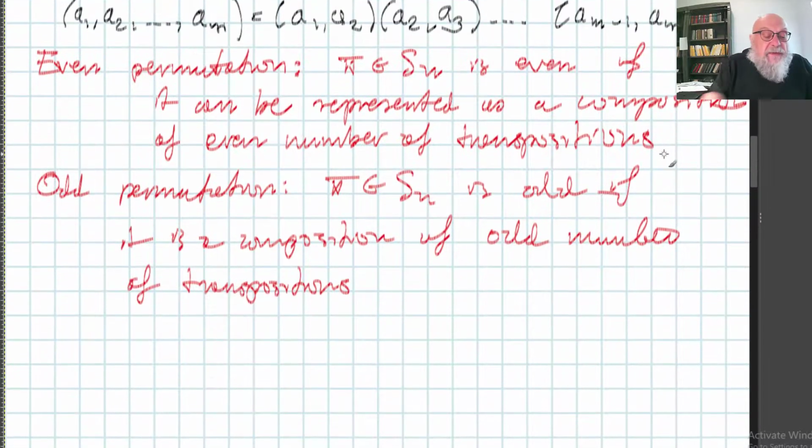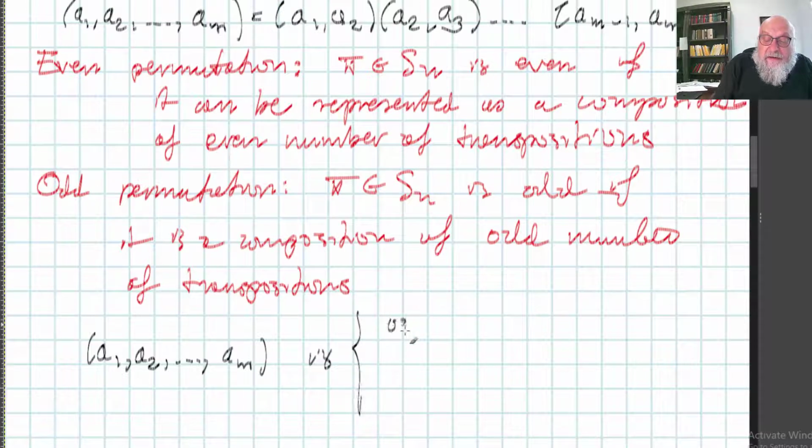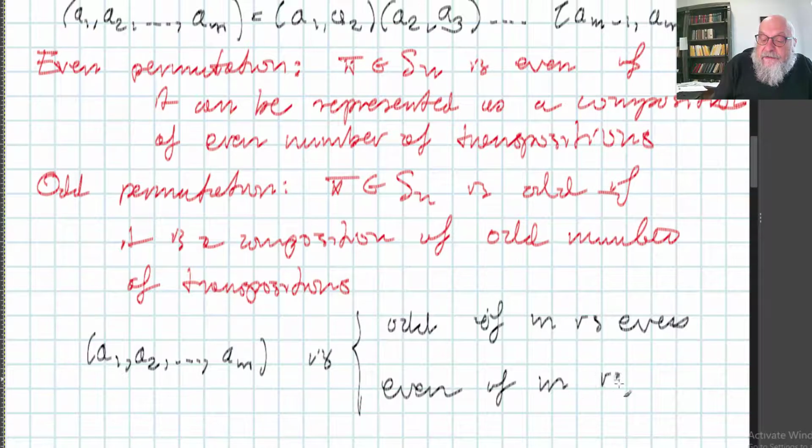So using our previous example, one can easily notice that this permutation (A1 A2 ... AM) is odd if m is even, and even if m is odd.